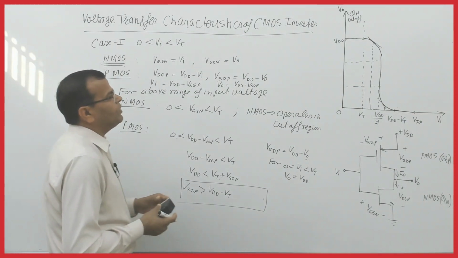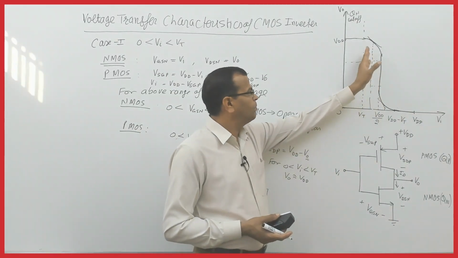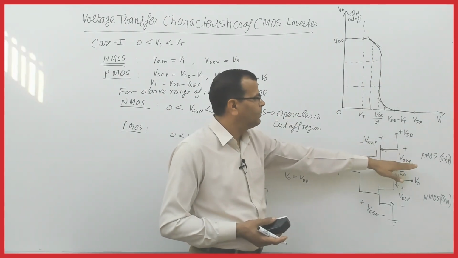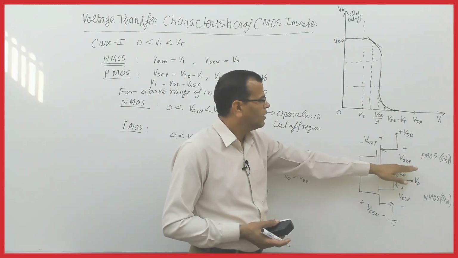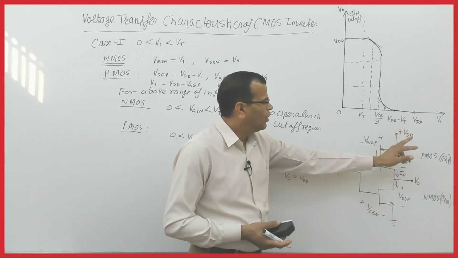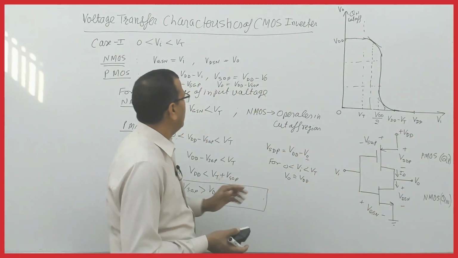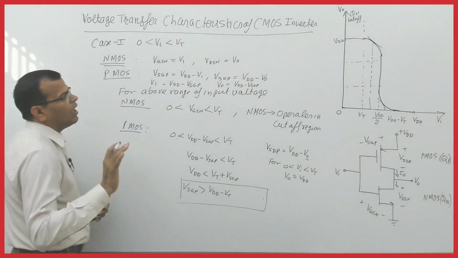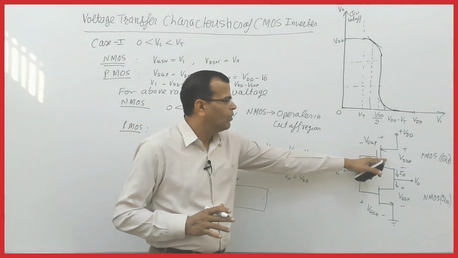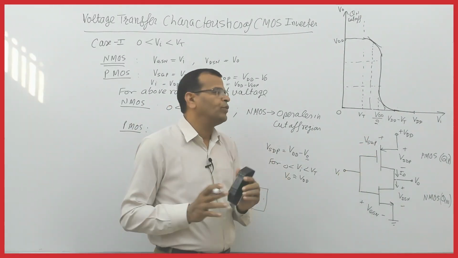For ohmic region of operation of the PMOS, VSDP is VDD minus V naught. And if you recall, I have given you the expression for PMOS for ohmic and saturation region.